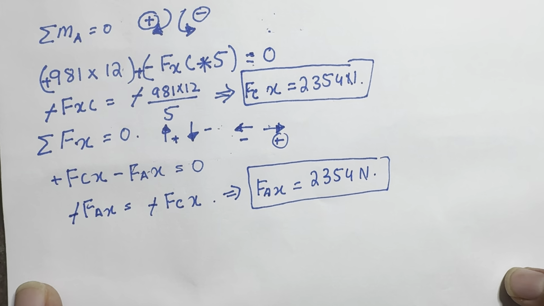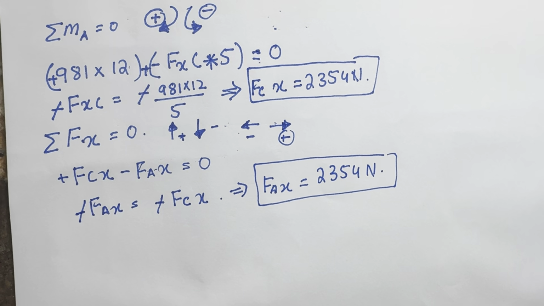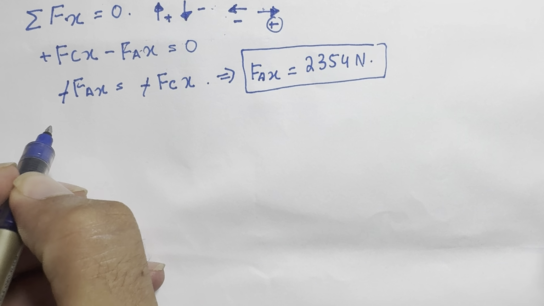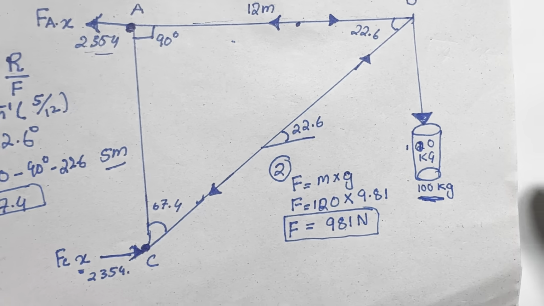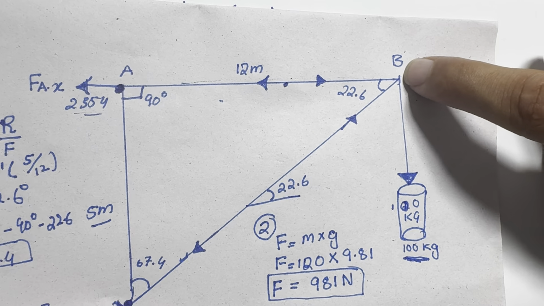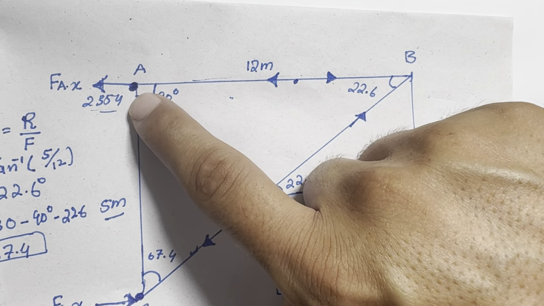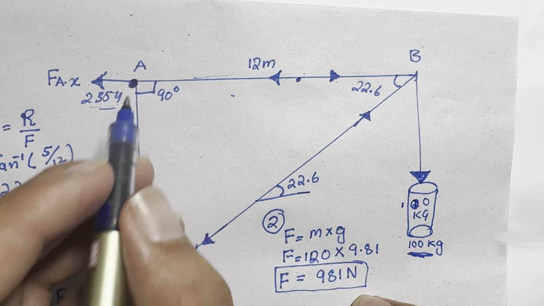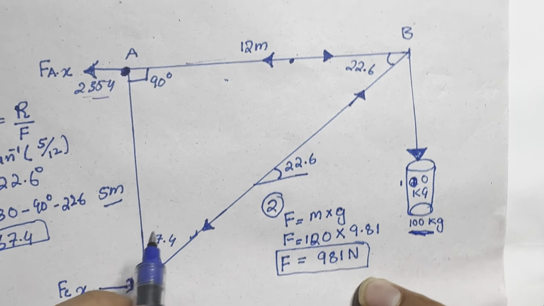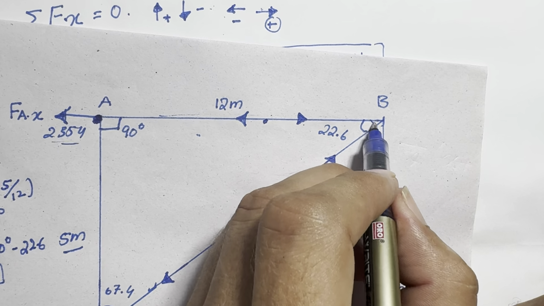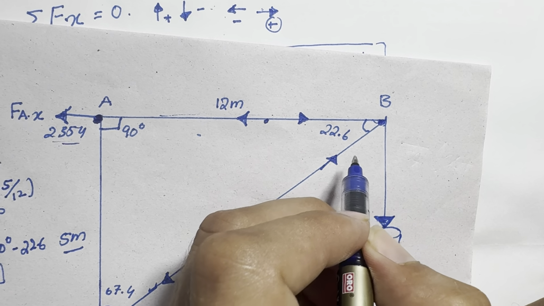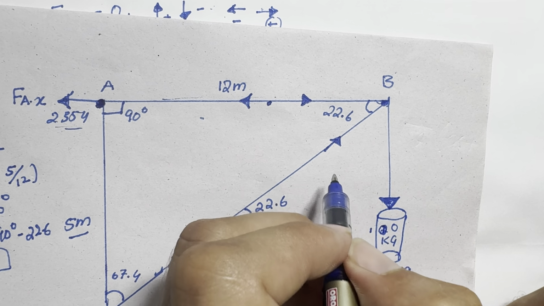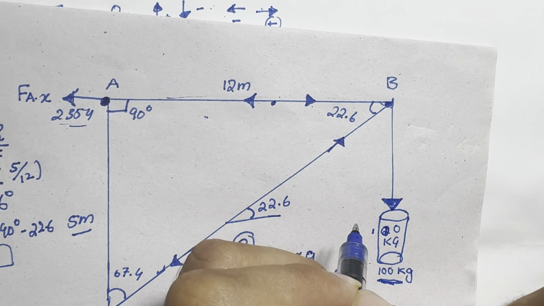How can I find it? I will find it by the joints method. Now I will take joint B. You can take this joint, but there are two unknown forces. You can also take the other joint, but I will take this joint, so it can be easy because there is a weight and these two members are unknown.